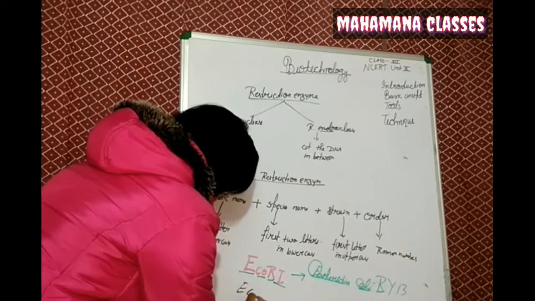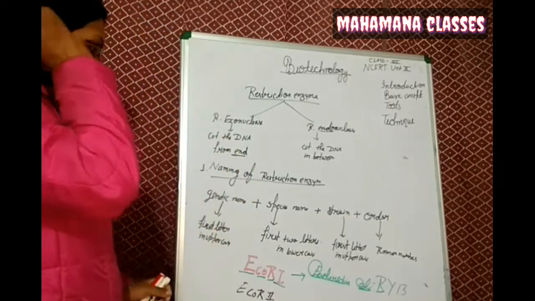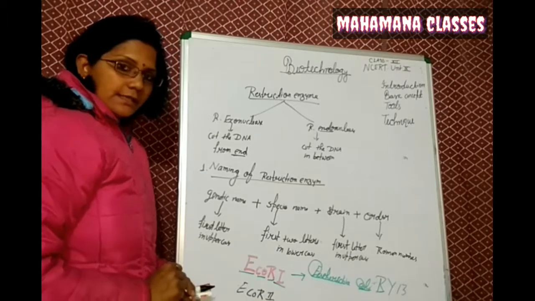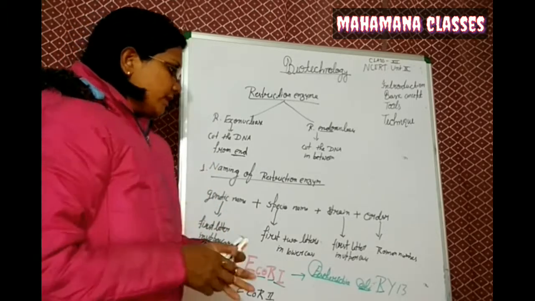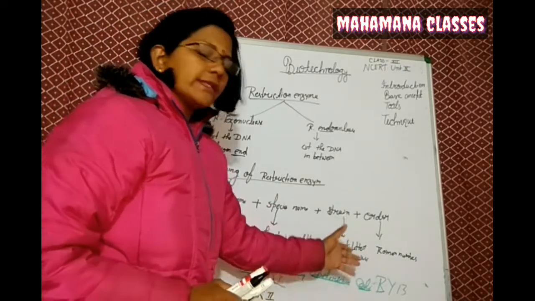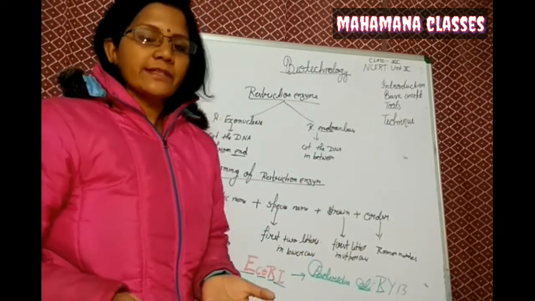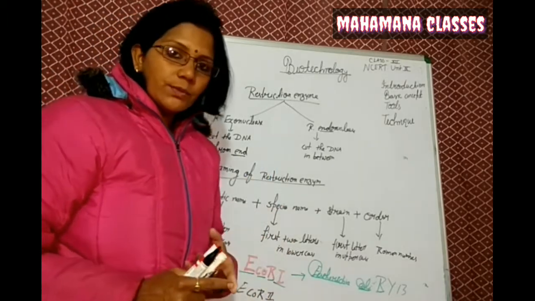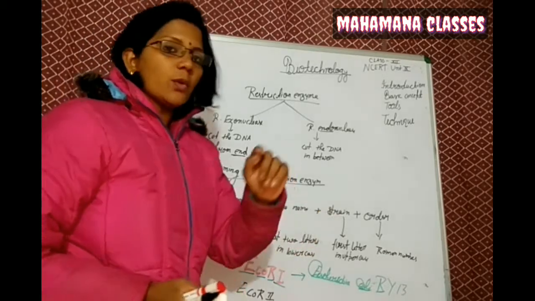E. coli, R, second. Okay. Now there is one more issue. If the first letter of the genus is common in other bacteria too, then we will use the second letter in lowercase.